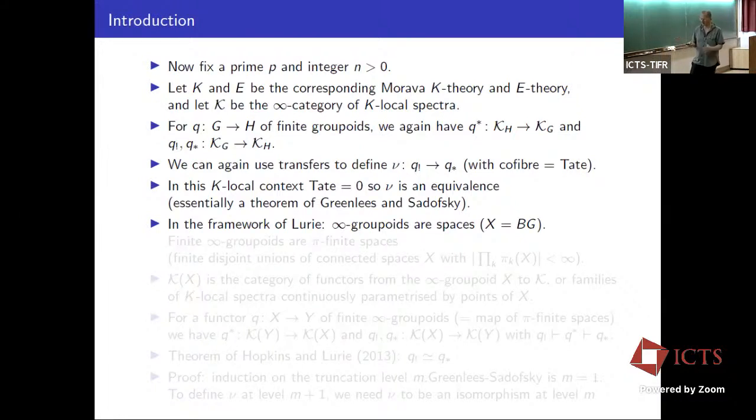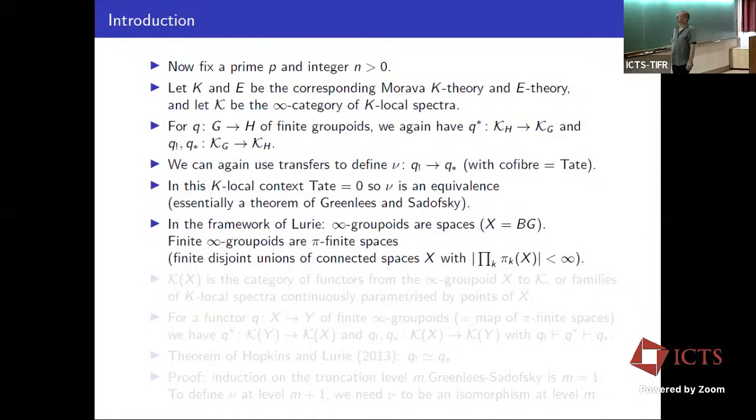If you've got an ordinary groupoid G, then you take its classifying space BG, and that's a space which corresponds to an infinity groupoid in the framework of Lurie, and that's how it fits together. There's always a little bit of linguistic ambiguity about whether you're talking about G or BG, but you just have to get used to that. So infinity groupoids are spaces.